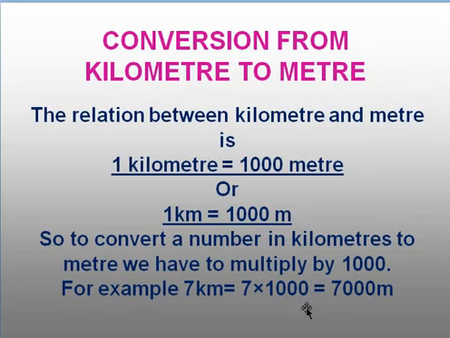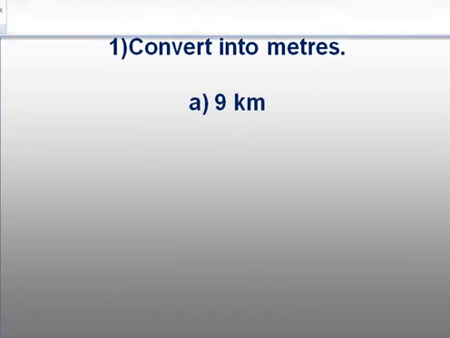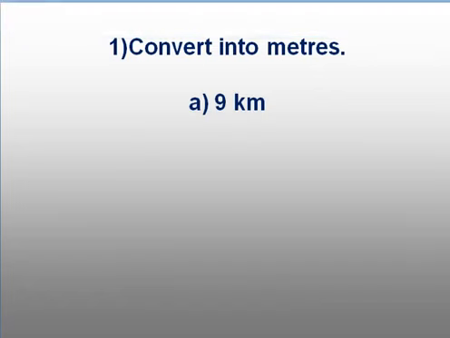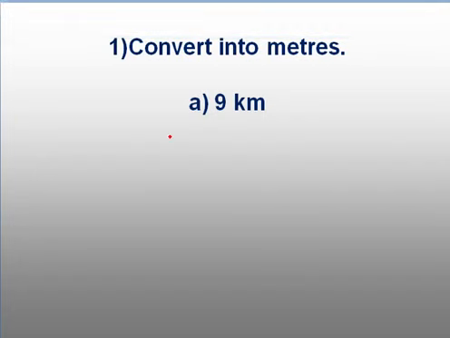Now you can see here, convert into meters 9 kilometer. Now we have to convert 9 kilometer into meters. Let us see what steps we will follow. First, let us write what we already know.